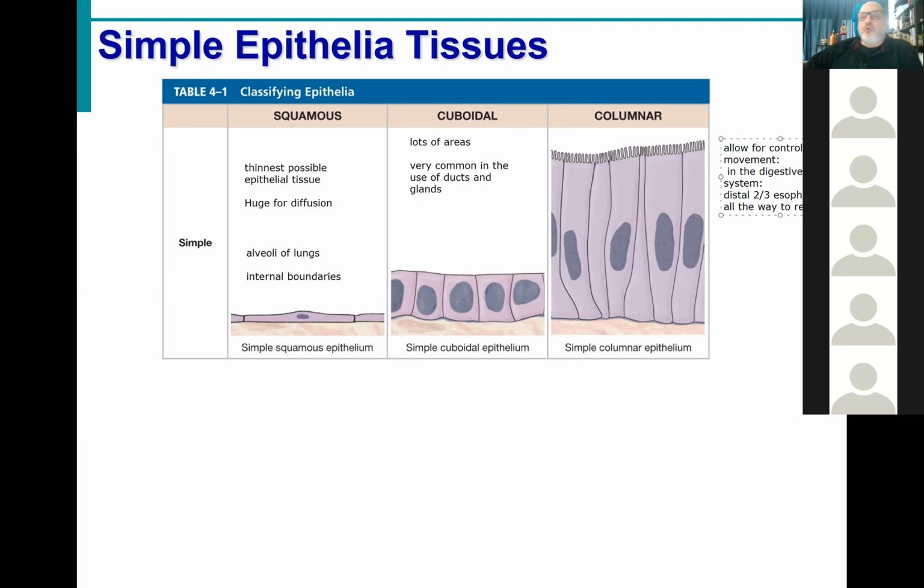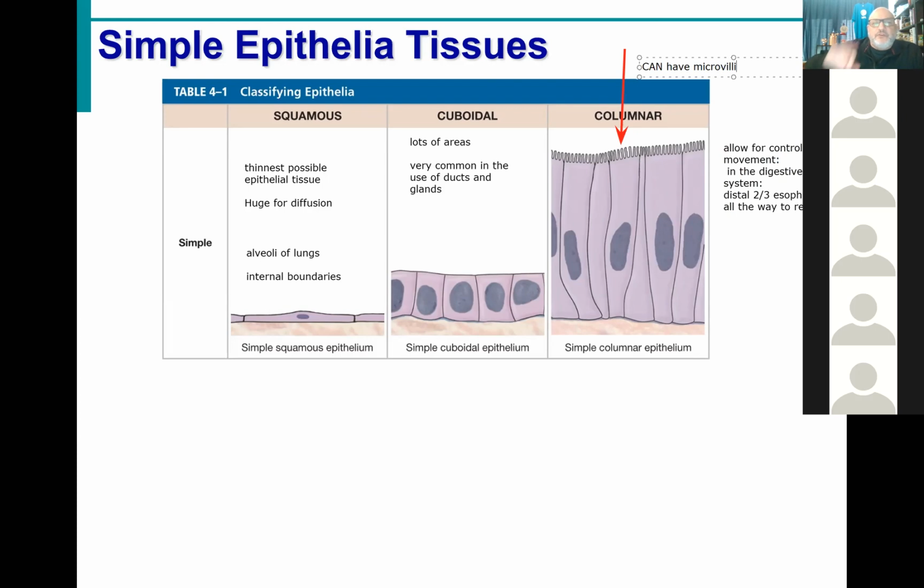But the vast majority of our digestive system, the distal 2/3 of the esophagus, the stomach, the small intestine, and most of the large intestine are all lined with a simple columnar epithelial tissue, which notice can often have, but doesn't have to have, microvilli. Key word here being can have.